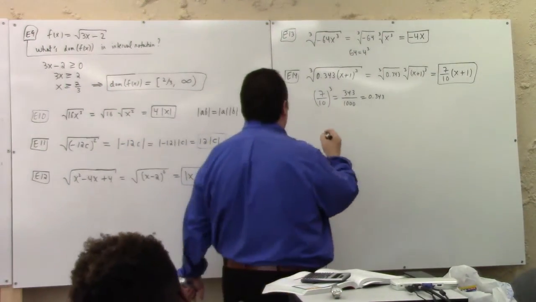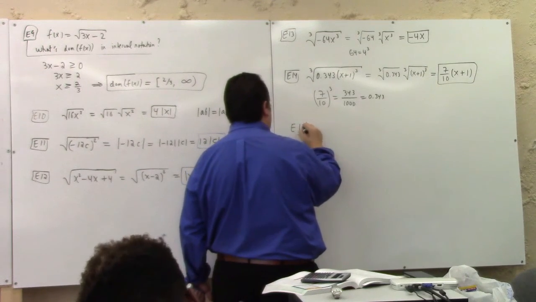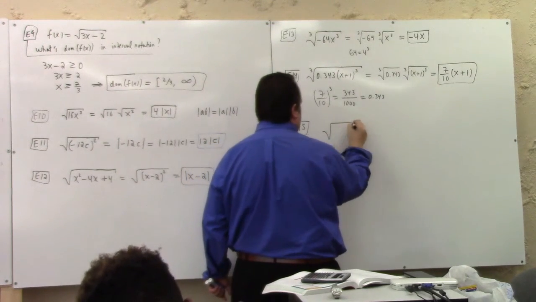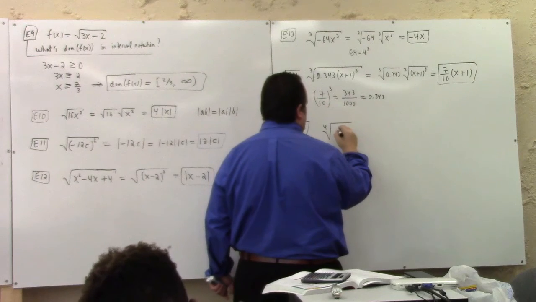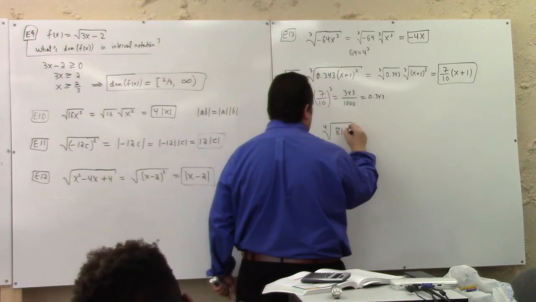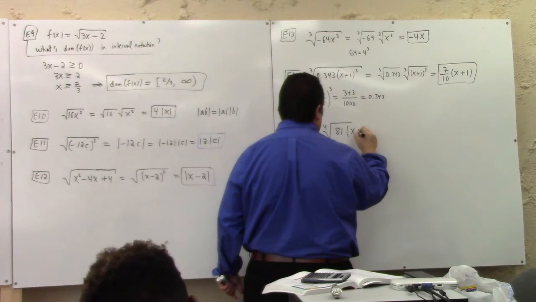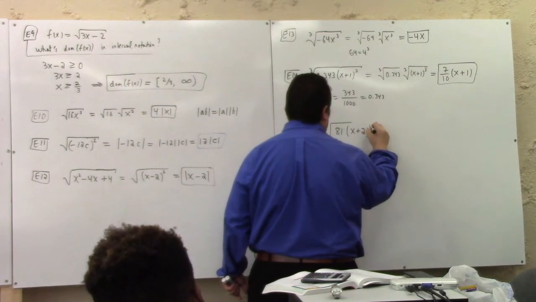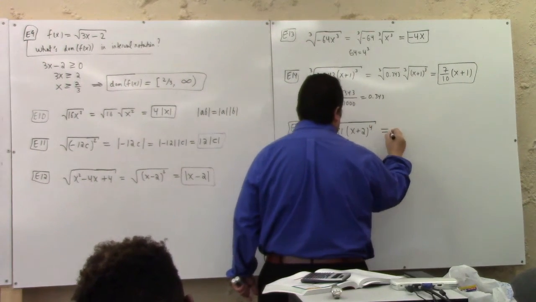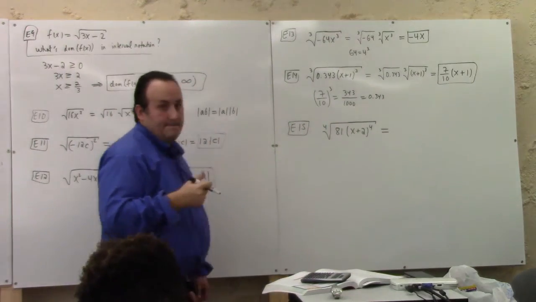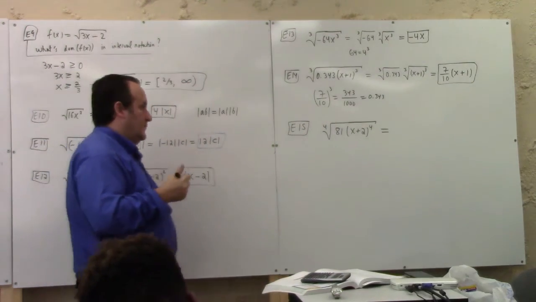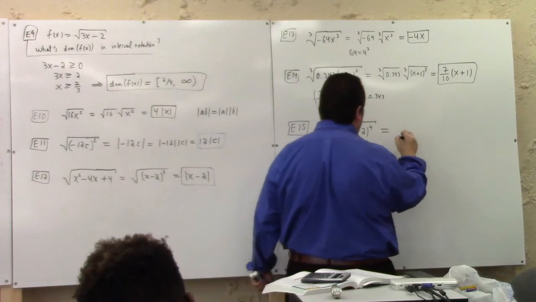Question, what if instead of this I had a slightly different thing? What if I have the fourth root of, I don't know, 81 times x plus 2 to the fourth power? How's that simplify? What's the fourth root of 81?